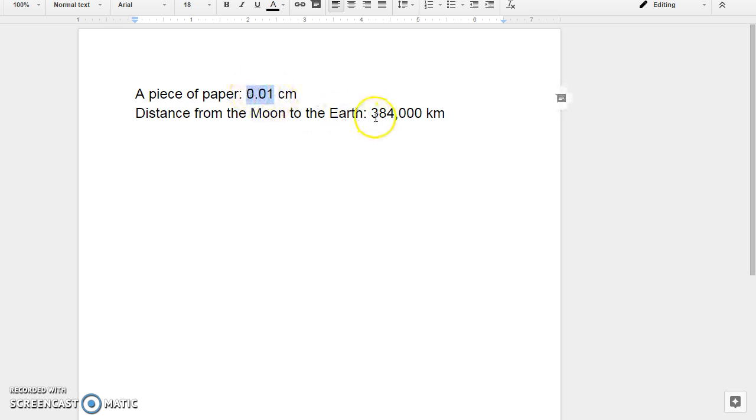So first we have to change all the values to proper scientific form. For this one, you must make the number greater than or equal to 1 but less than 10.